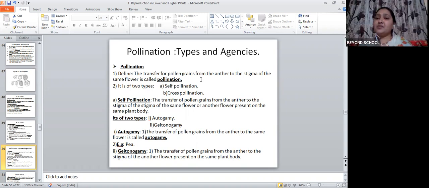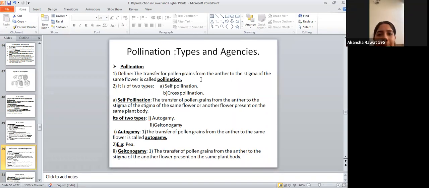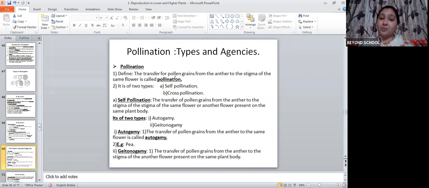Since lower grades we have seen that pollination is carried out by wind, that is air, or by insects. Now, if the proper definition is asked, what is pollination?